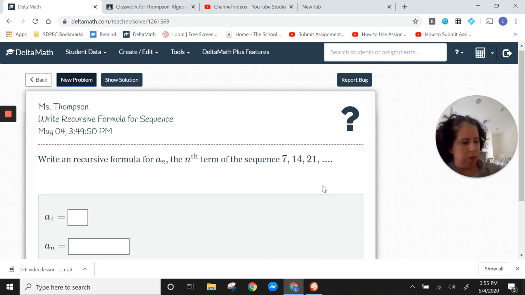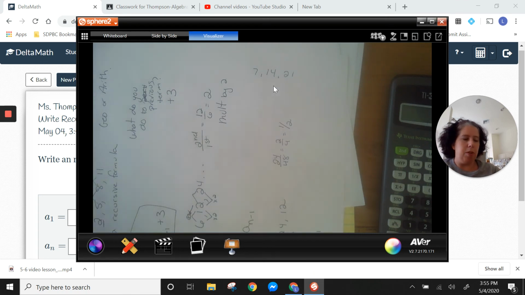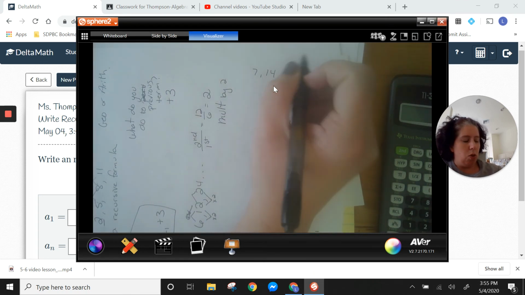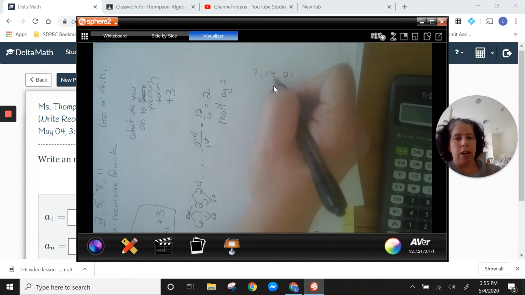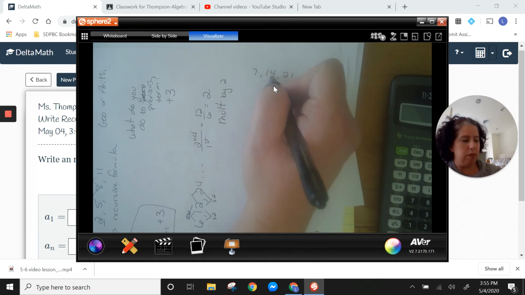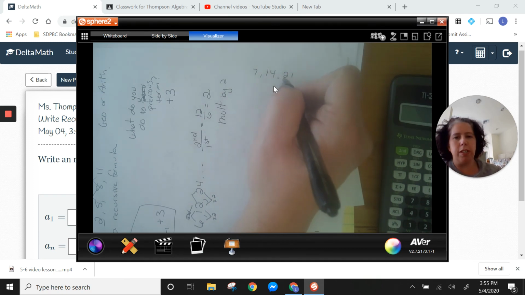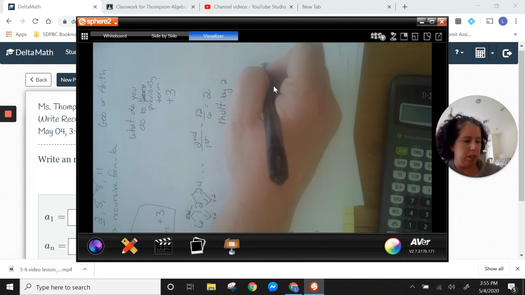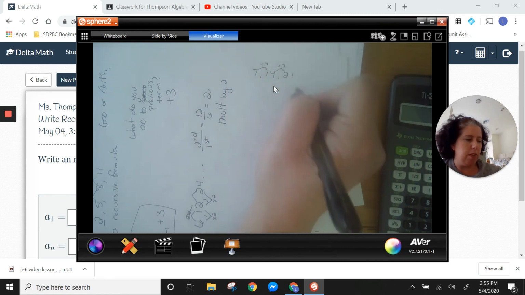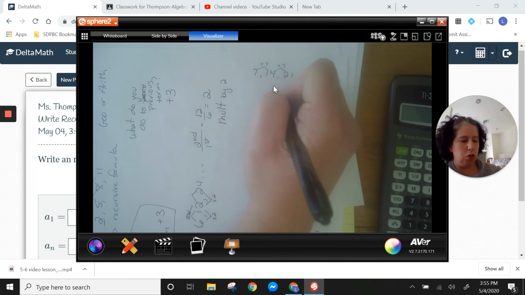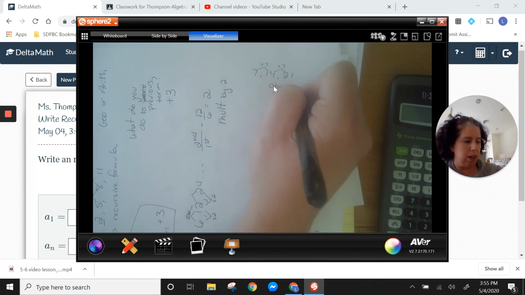I can try multiplication, and I can try addition and subtraction. I know 7 times 2 is 14, but 14 times 2 is not 21. But 7 plus 7 is 14, plus 7 is 21. So your change is 7, so plus 7.